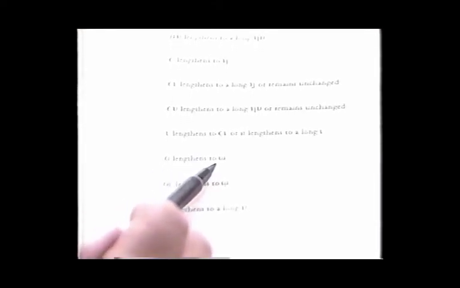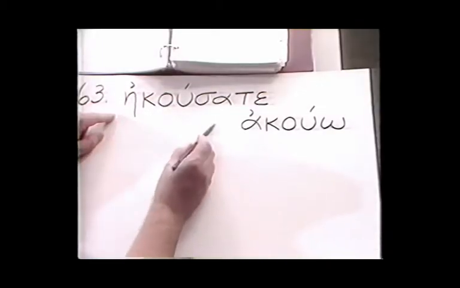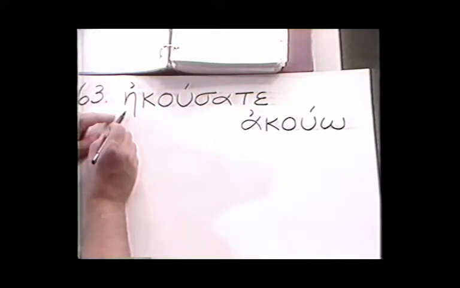What happens when an omicron lengthens for augmentation? It lengthens to an omega, and so forth. So, do we have an augment in front of this verb, ekusate? Yes, we do. The alpha has lengthened to an eta. So we do have an augment.